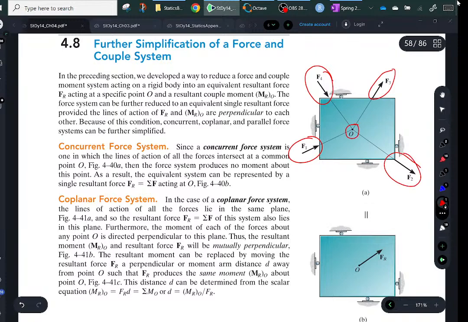Therefore, if you pick this point O, none of these forces produce a moment about it. So that means you can sum up all the forces, and this drawing is equivalent to that drawing.